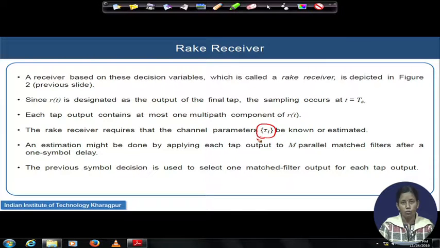Otherwise, you won't be able to design the filter coefficients. This estimation is done by applying each tap output of the filter to the M parallel matched filters after a one symbol delay, and the previous symbol decision is used to select one matched filter output for each of these tap outputs.